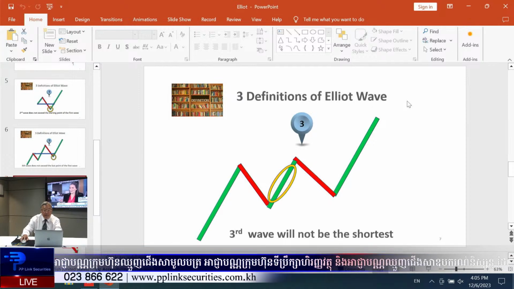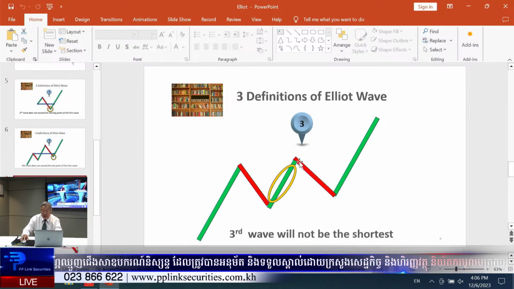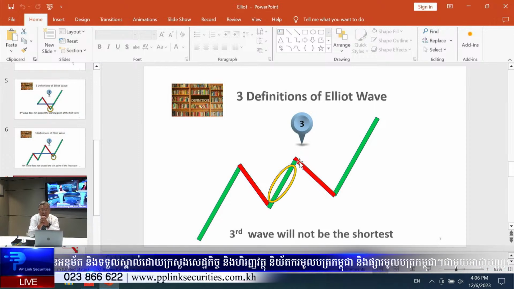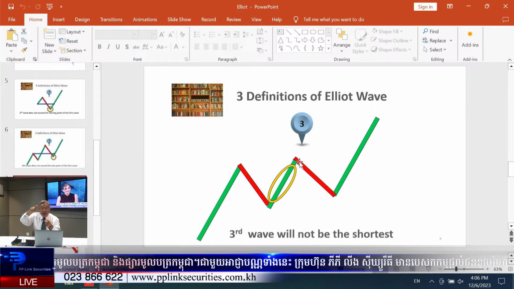Okay. So number 3 of the definitions of the Elliott wave. Number 3. Okay. The third wave will not be the shortest. Okay. First wave, second wave, third wave. Usually, according to the theory of the Elliott wave, the third wave is very long. In other words, you have many chances to realize your profit.